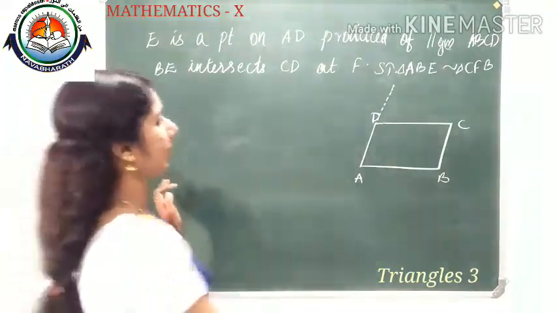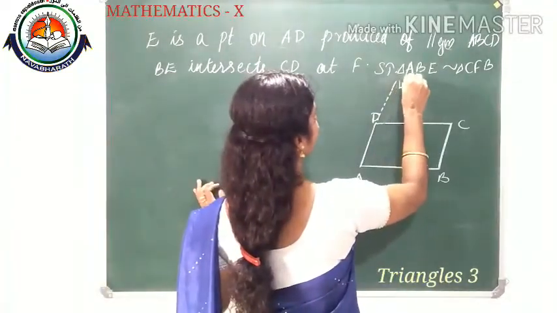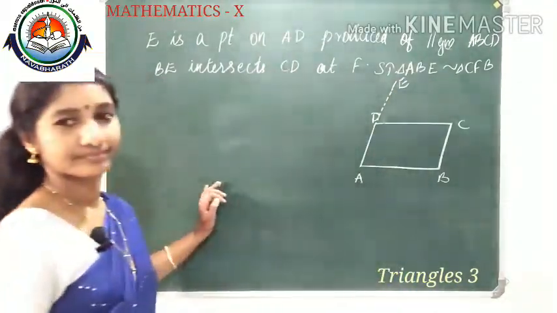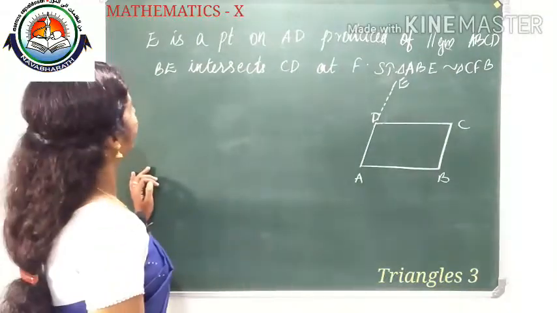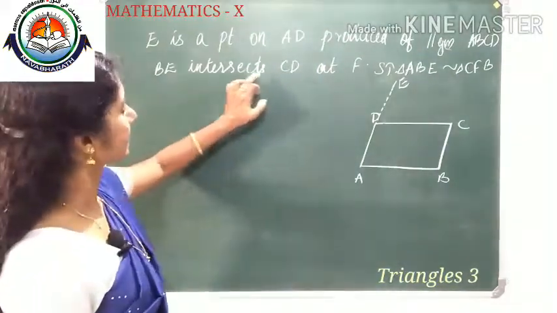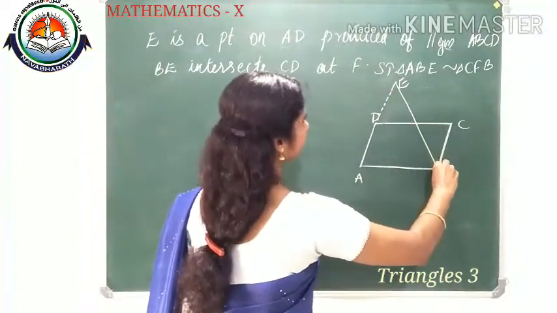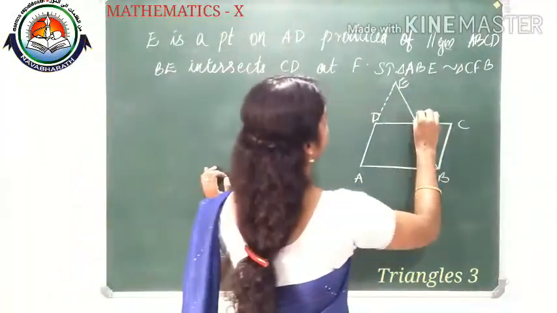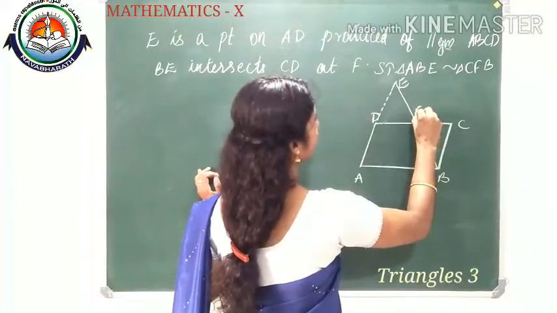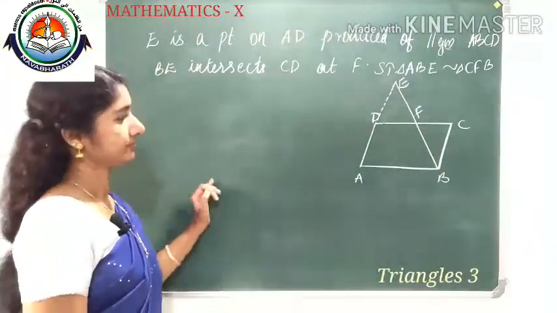And E is a point on AD. We can mark the point E. BE intersects CD, so we need to join B and E. It intersects CD at F.